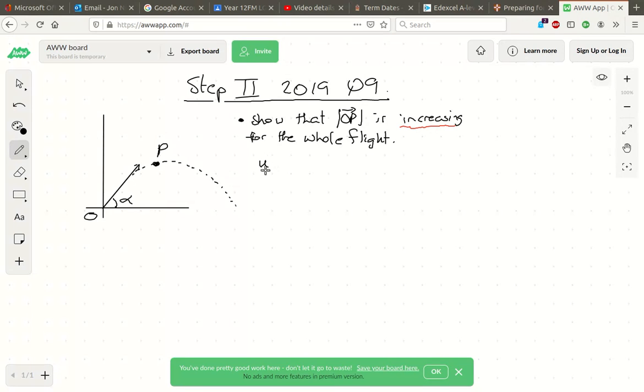Now, straight away, as we're told that the initial speed is u, the velocity vector should be u cos alpha and u sine alpha. The acceleration vector is just 0 and minus g. We've got the time as well, which we can call t. And OP is simply s here, the vector s.